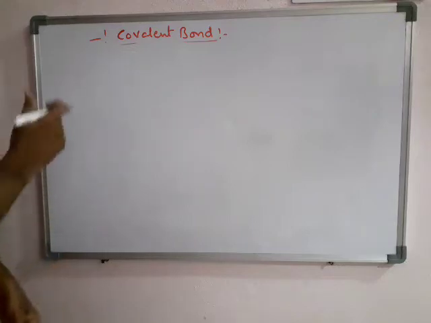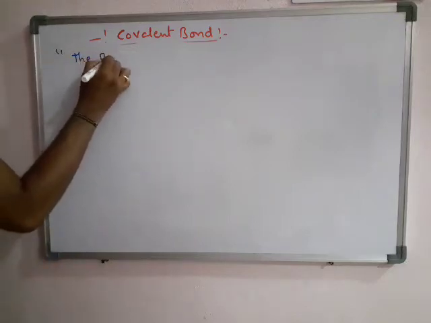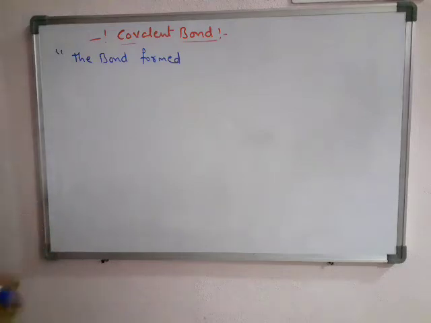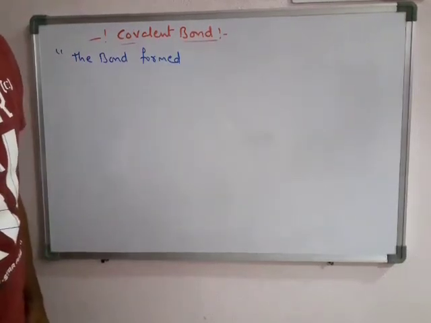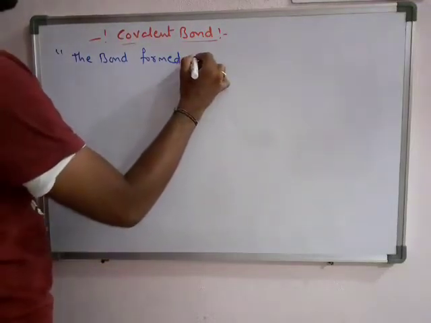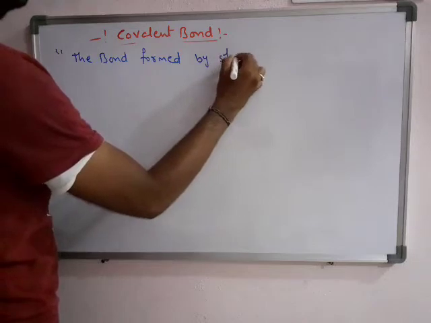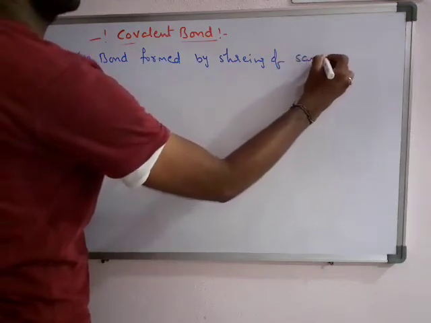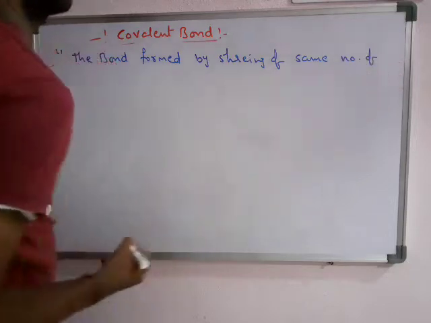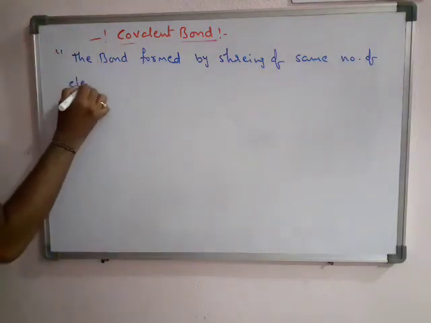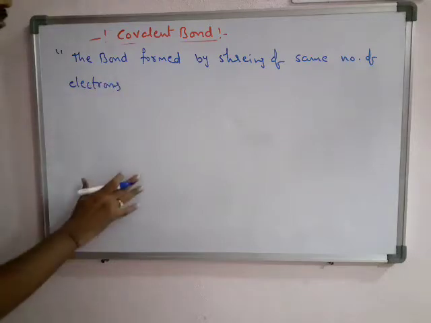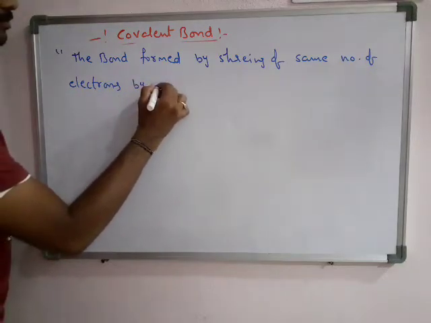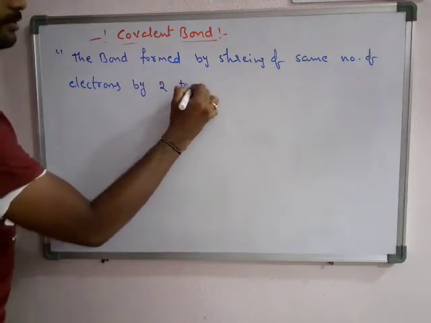We can define the covalent bond as the bond formed by sharing of the same number of electrons by two atoms.